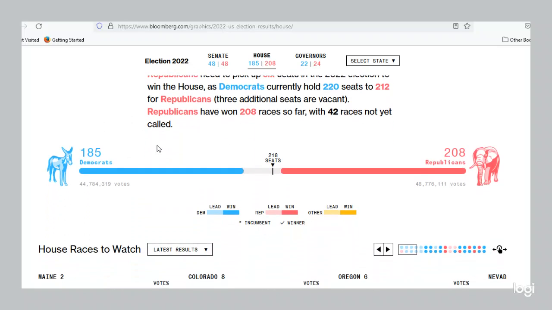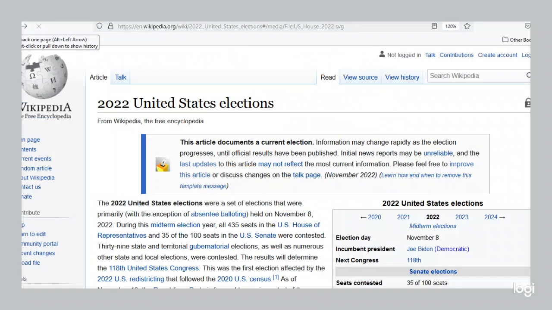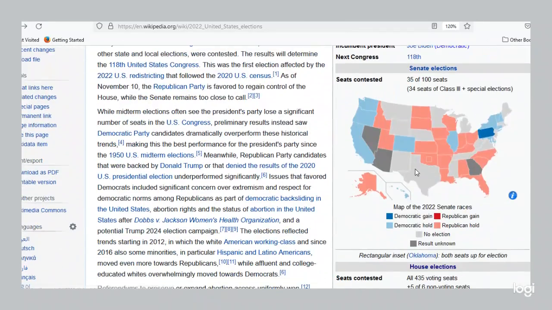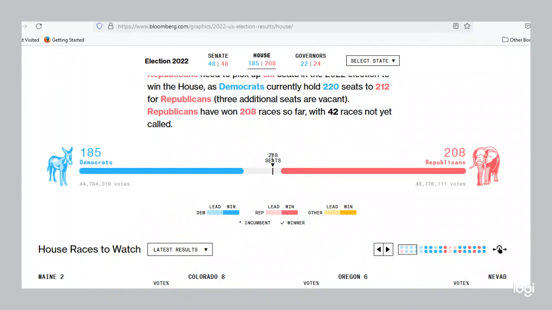So the entire House is reelected. You need 218 seats to get a majority in the House, and that's because the House has 435 seats. So with 435 seats, 218 is going to give you a majority.